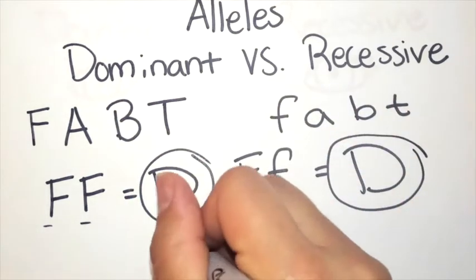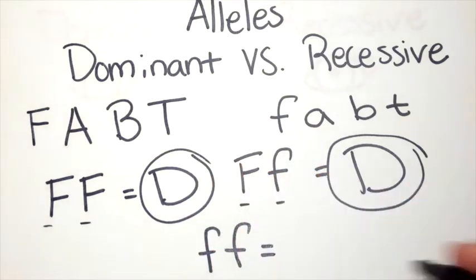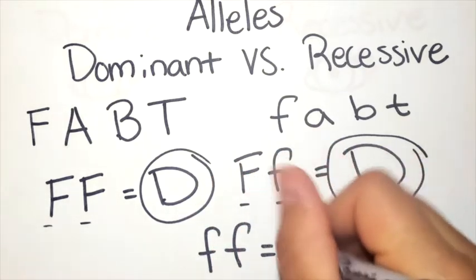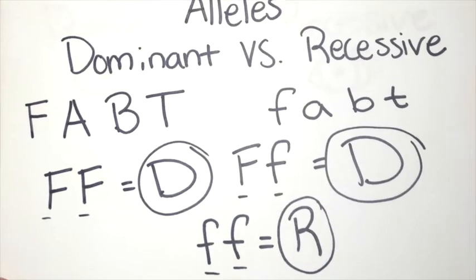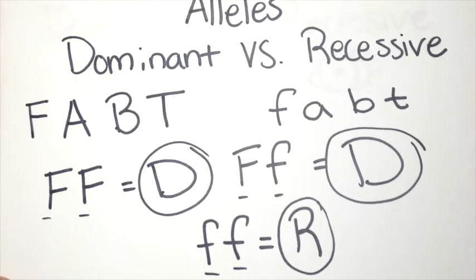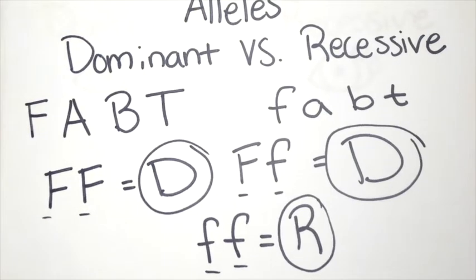And then you can also end up with little f, little f, which will obviously be recessive. Recessive equals recessive. It's the only way you can have recessive genes, when they're both lowercase. So they're much more rare than dominant.